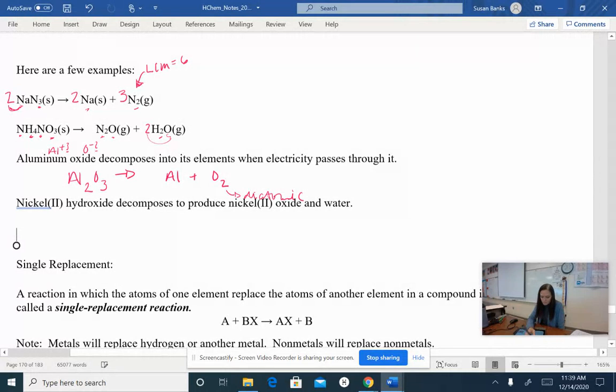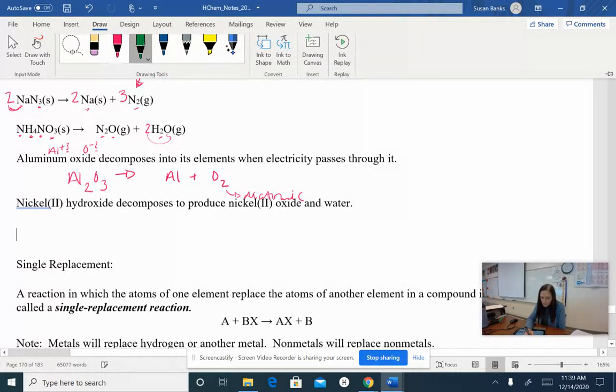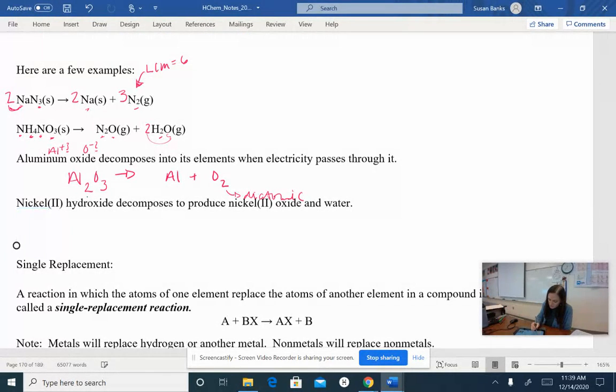So here we go. Let's balance this. Notice once again, I am writing a skeleton equation with the correct formulas first before I go and balance. Okay, so I've got 2 aluminums here. Let's put in 2 here. I've got 3 oxygens here. I've got 2 here. Ooh, groups of 2 and 3 again. I need to find my least common multiple, which again is 6.